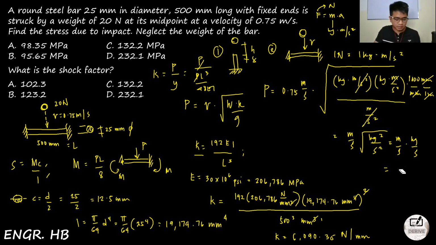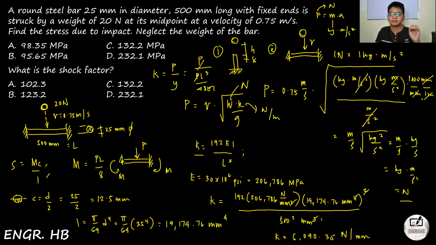Ulit, burahin natin. Pangit ulit sulat. Kilogram meter per second squared. And that will become Newton. Okay. So that's a unit analysis, no? Ibig sabihin, kailangan si weight mo daw is on Newton. So alam mo na yan. So kailangan si K maging Newton per meter, not Newton per mm. Kasi may meters ka na galing dito sa Newton. So dapat naka-Newton per meter ka.